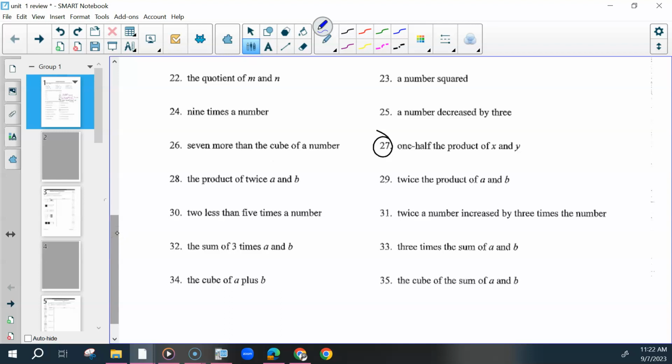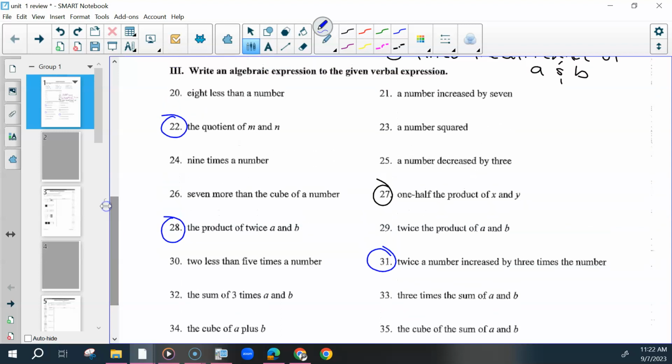I'll just circle them all right now. 22, the quotient of m and n. So the quotient of everything after that is what we're dividing, and these are the two things we are dividing. So we're going to write it as a fraction, m over n.